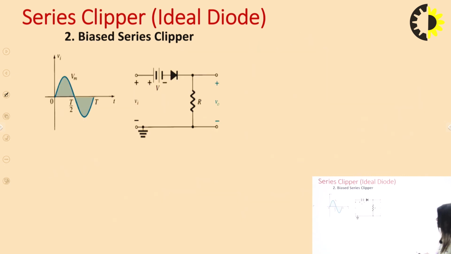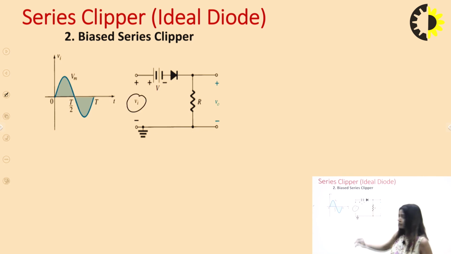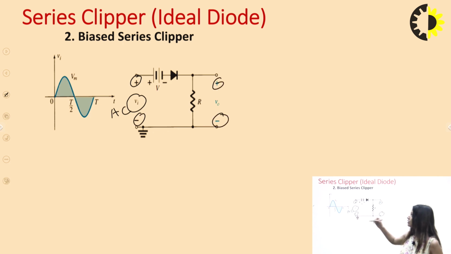Now coming to the biased series clipper. That means in addition to this Vi, which is an AC waveform, obviously, with positive and negative marked as before, we have also connected one DC voltage with the diode.